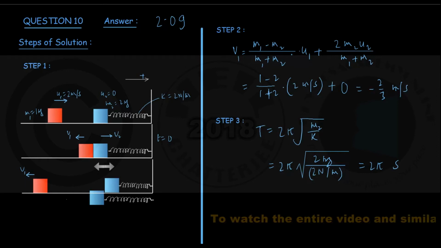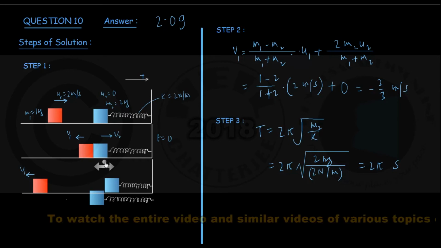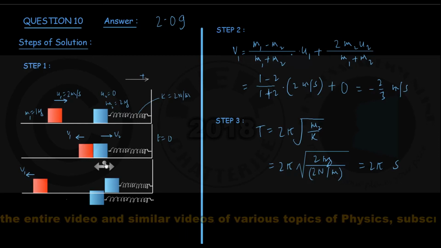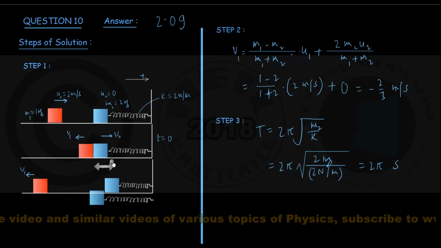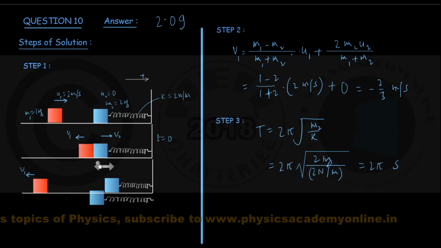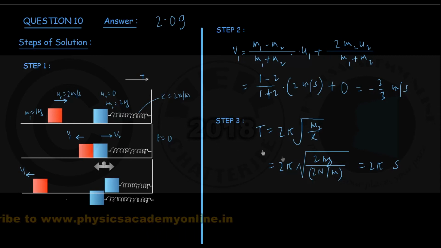Follow my cursor. If we treat this block as a particle, originally at this middle position, going maximum to the right, returning to this original position, going further to the left maximum, then coming back to this original position. This much makes one oscillation, and the time taken for that is one time period found here.